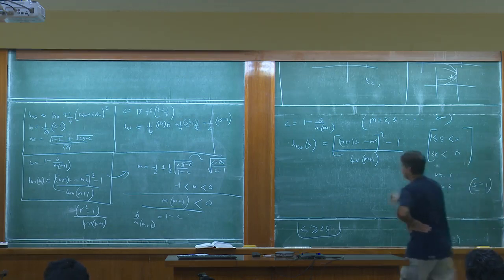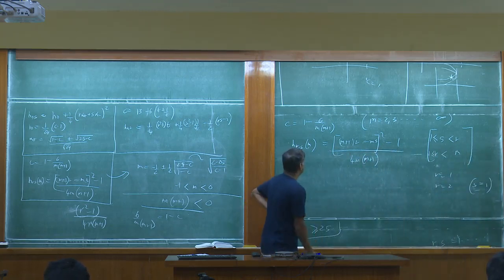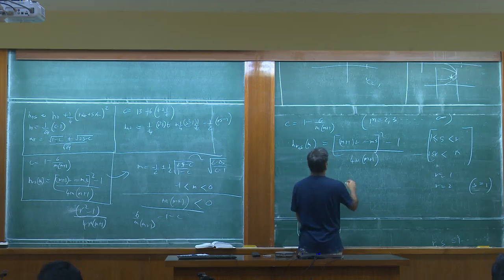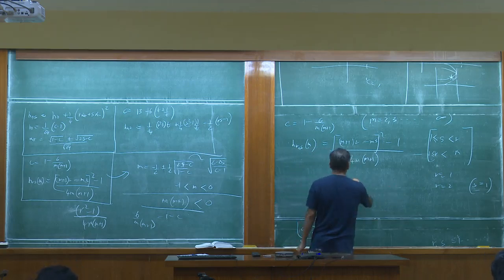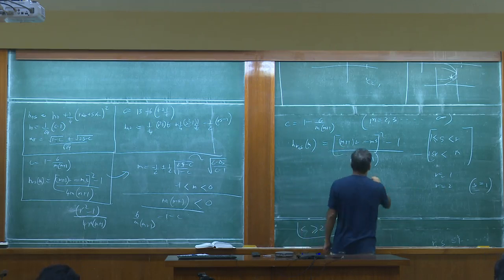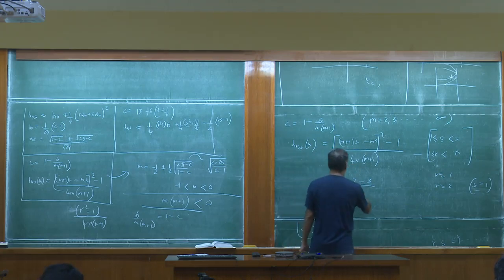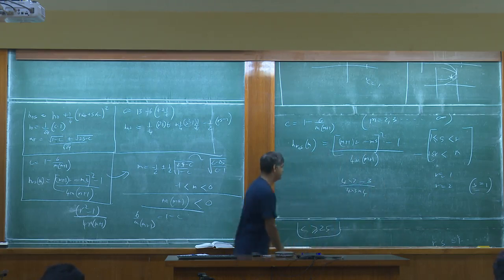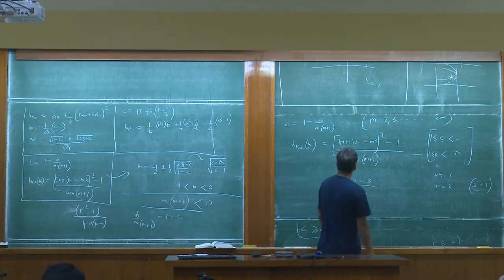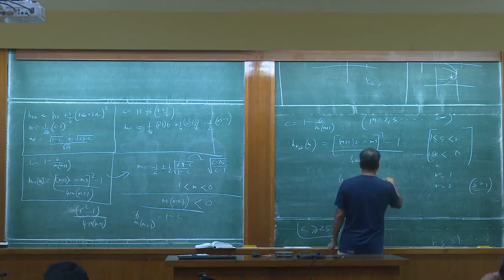Now let's plug that in. So we have M is equal to 3. So we get 4 into 2 minus 3 divided by 4 into 3 into 4, square minus 1.